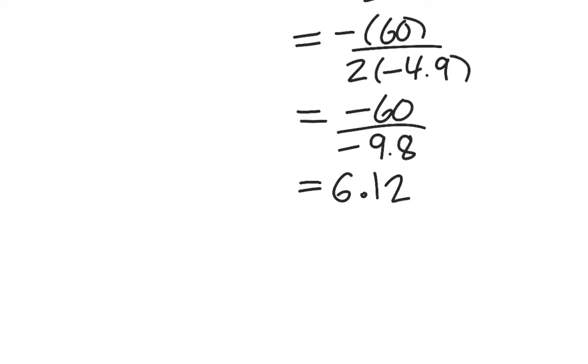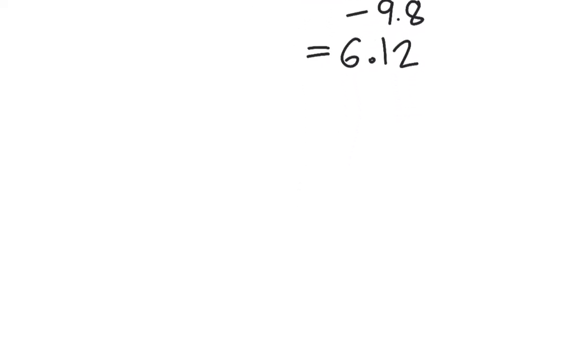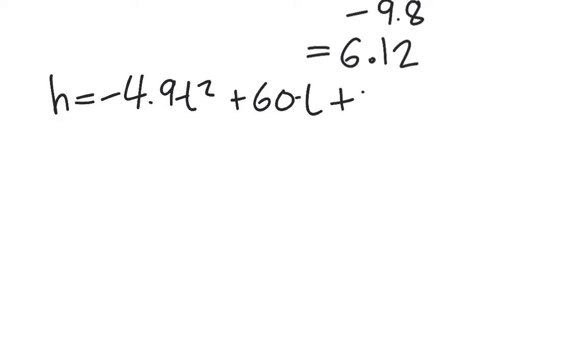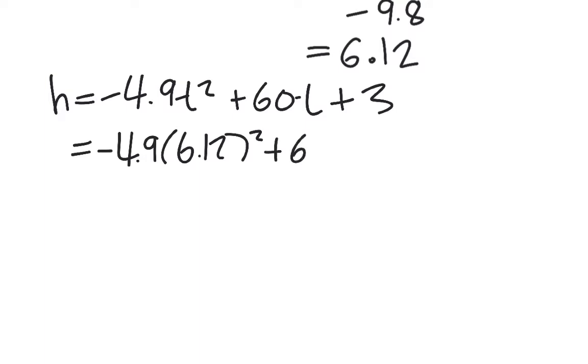Since we have the x-coordinate of the vertex, we can just take this number and sub it back into our original equation to find the y-coordinate of the vertex. In other words, the maximum height. So instead of t, I'm going to sub in 6.12. The next couple steps would be simplifying this expression.